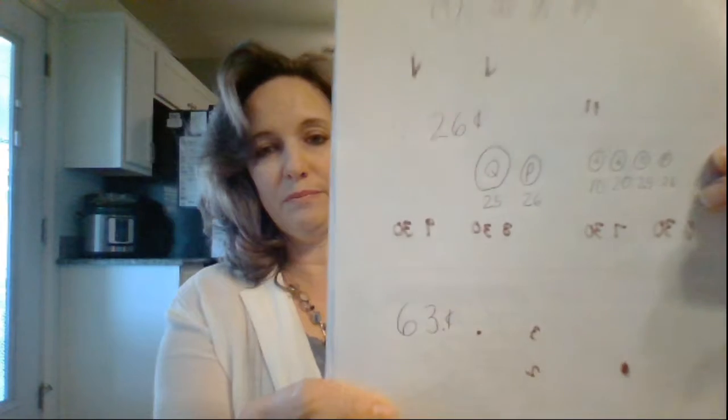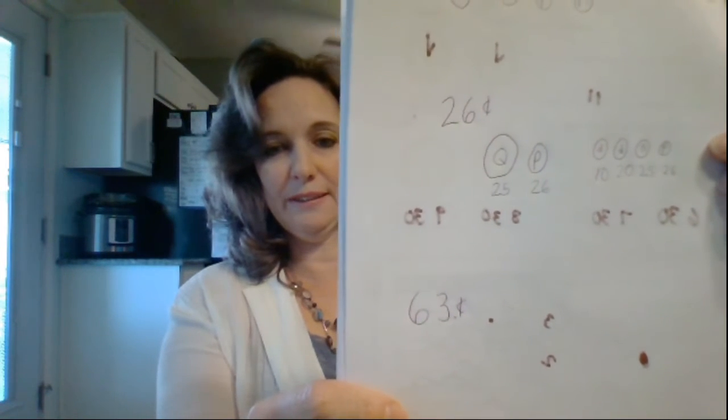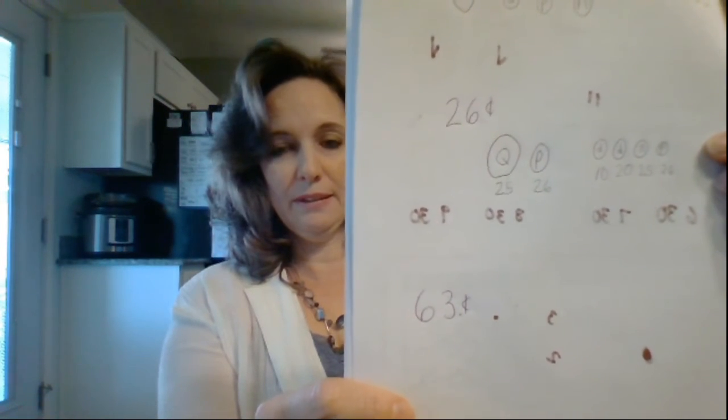All right, now we're going to do this one, 63 cents. Okay, 63 cents. All right, you either get your money out or you draw it. All right, I've got it drawn one way.